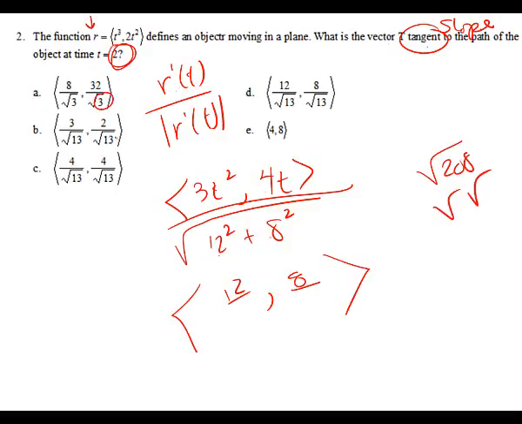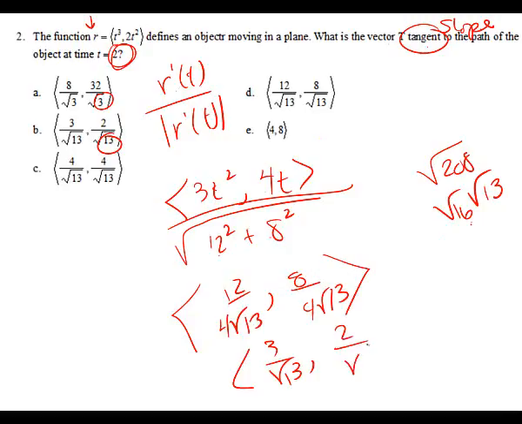Look at your choices. It's either 3 or 13. Which one? 13, how many times? 16 squared is 16 is? 4 squared of 13 and 4 squared of 13. 4 goes into 12 3 times. And 4 goes into 8 2 times. So it should be this B answer, right?